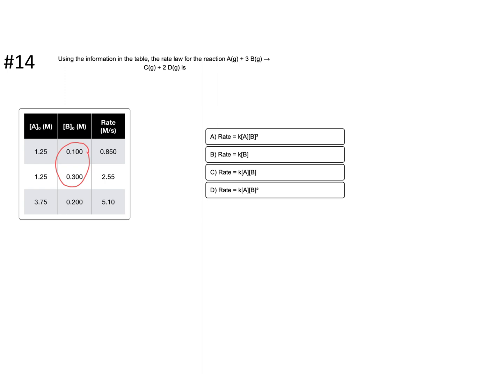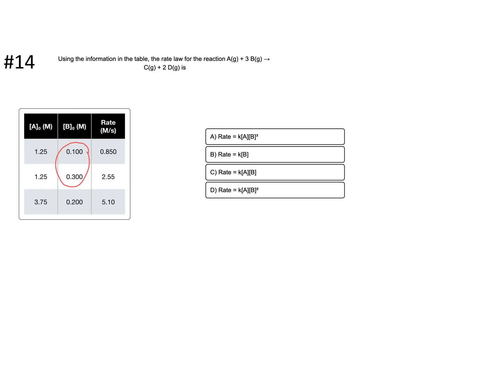However, for A, if I take a look at the concentrations of B, they are all different. So that makes it harder to find the impact that A has on the reaction. But we can actually do that, and we'll work through that. But we'll start with B first.